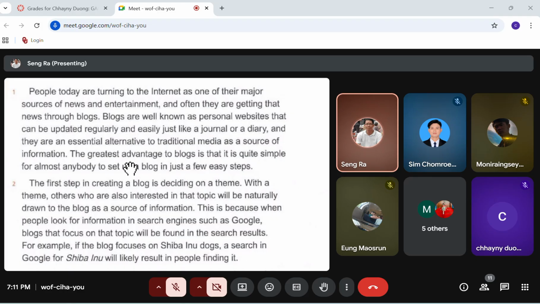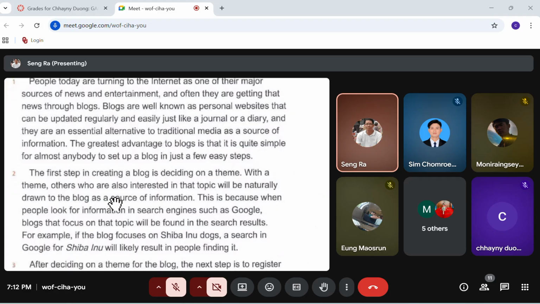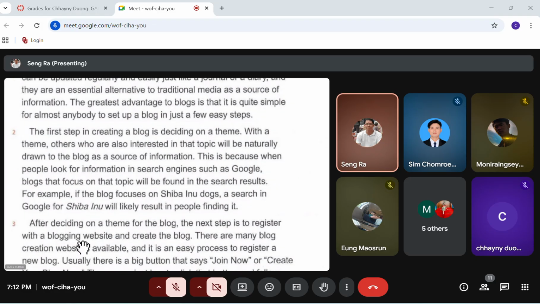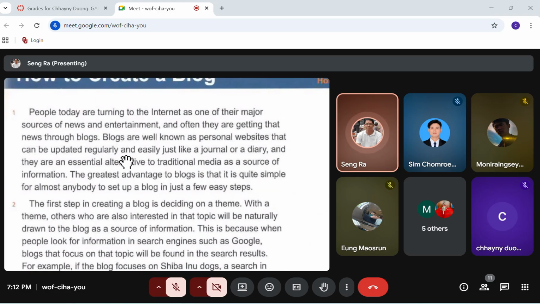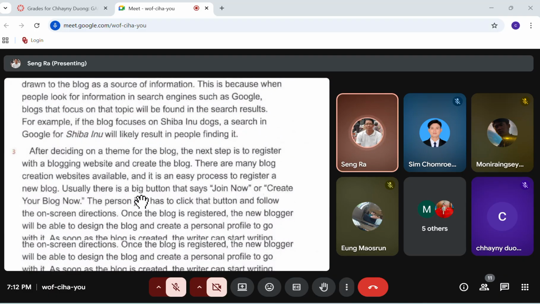We talk about how it's quite simple for almost everybody to set up a blog in just a few steps. Here I just read what the first step is, what the second step is. That's the process. So this is chronological, the order of what happened: what happened first, later, next, finally. So I see that. All right.